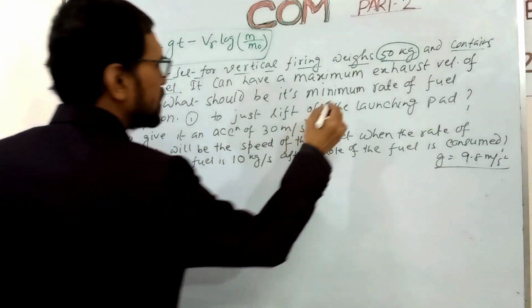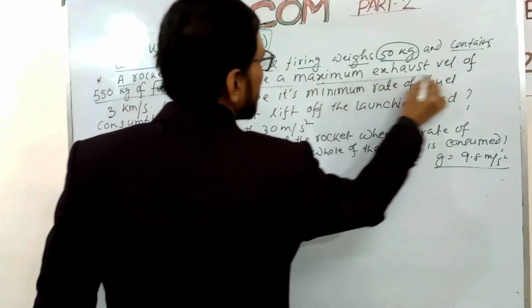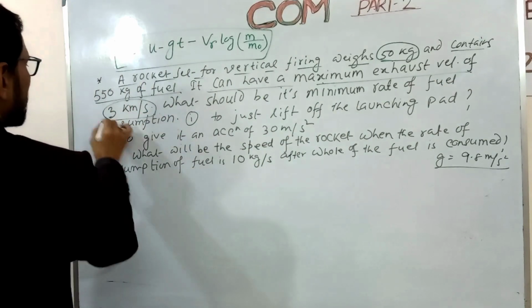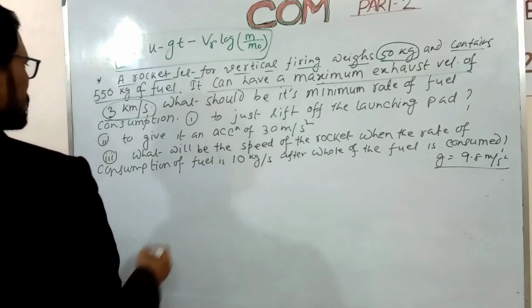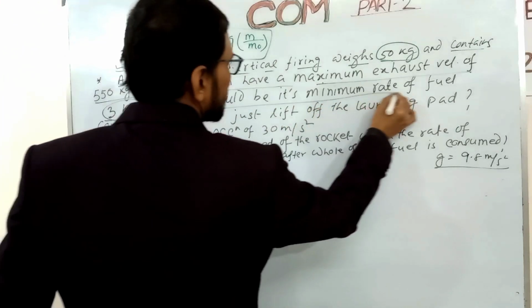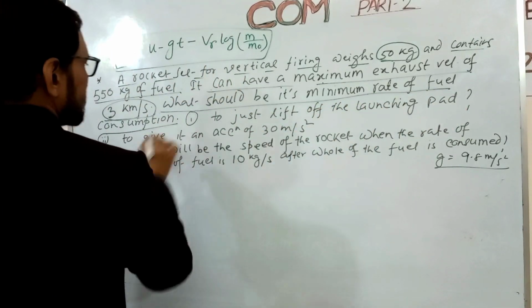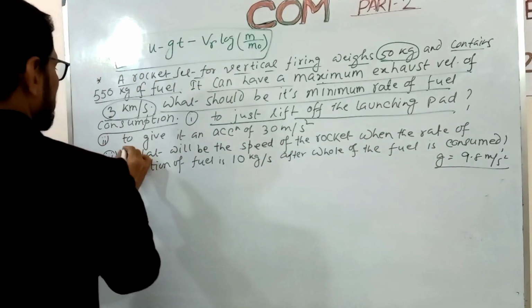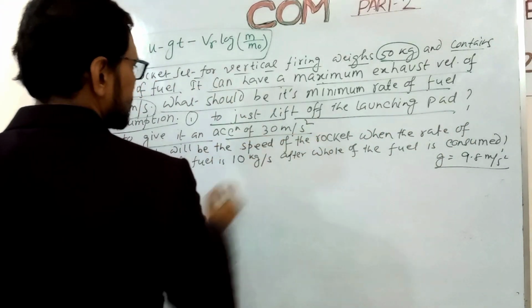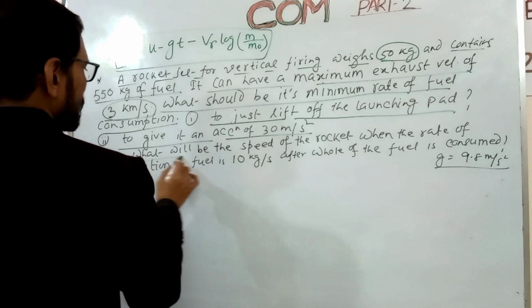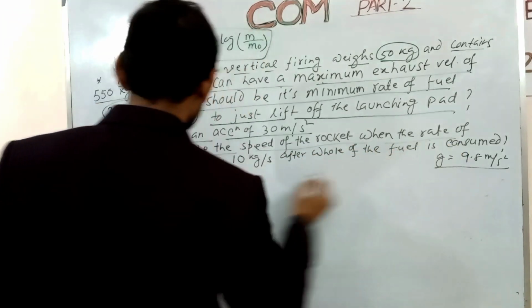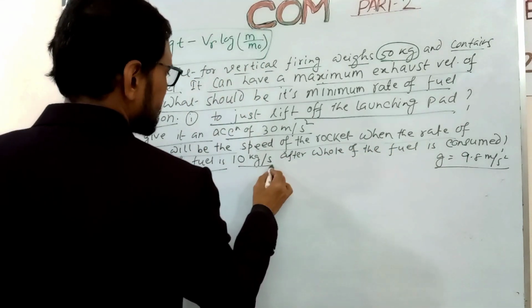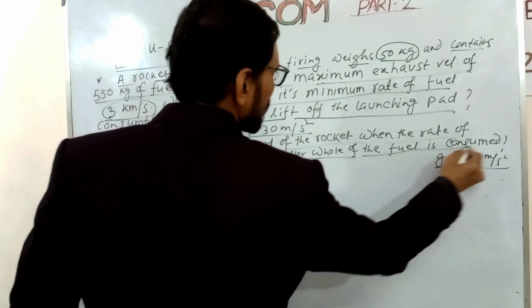It can have a maximum exhaust velocity of 3 km per second. What should be the minimum rate of fuel consumption to just lift off the launching pad, and to give it an acceleration of 30 meter per second square? What will be the speed of the rocket when the rate of consumption of fuel is 10 kg per second, after the whole of the fuel is consumed?